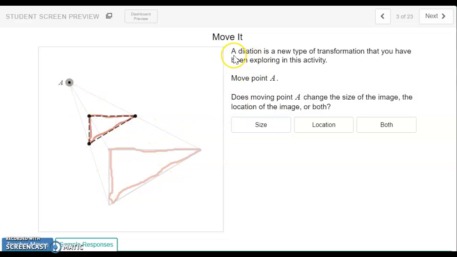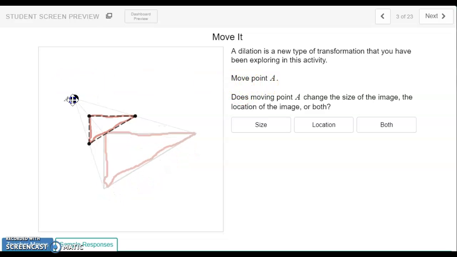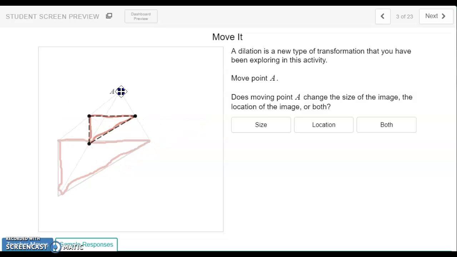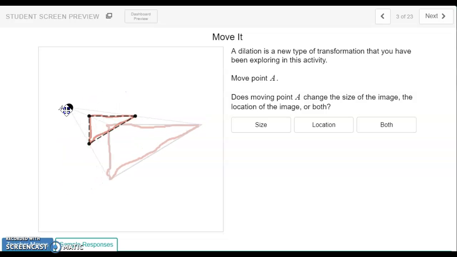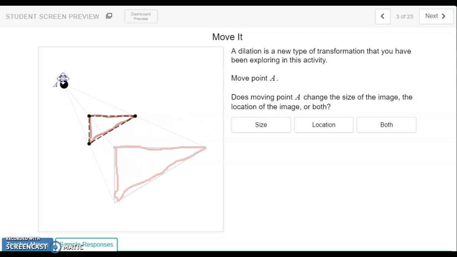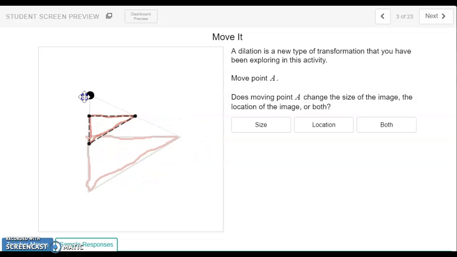Then it says a dilation is a new type of transformation that you have been exploring in this activity, so move point A. Look what happens. Does moving point A change the size of the image? The image that I created here, is it getting bigger or smaller as I move this about?